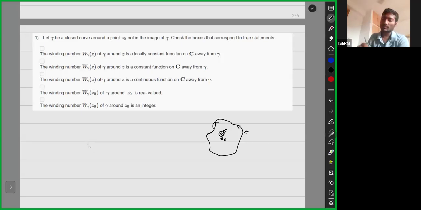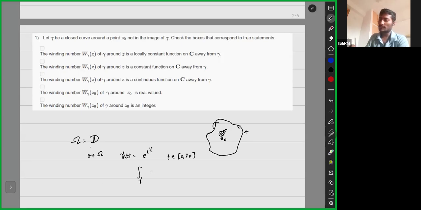For example, let omega be the unit disk, w belonging to omega, and the curve gamma of t is e power it, where t runs from 0 to 2 pi. What happens?